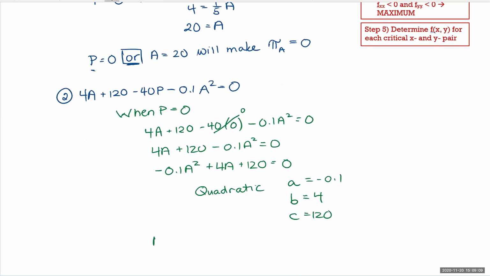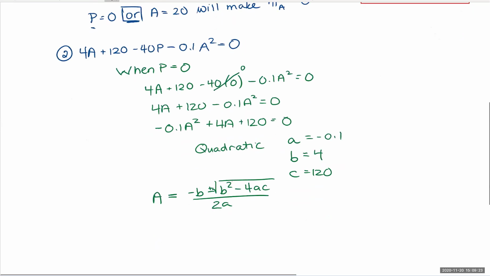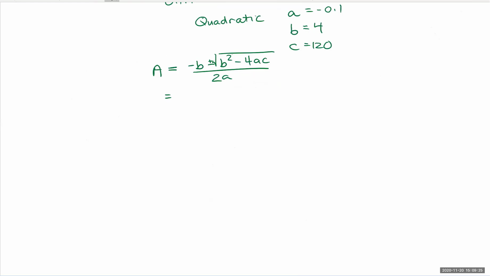So doing my quadratic, the big A we're trying to solve for is equal to negative b plus or minus the square root of b squared minus 4ac, divided by 2a. So that gives me negative 4 plus or minus the square root of 4 squared minus 4 times negative 0.1 times c of 120, divided by 2 times negative 0.1.